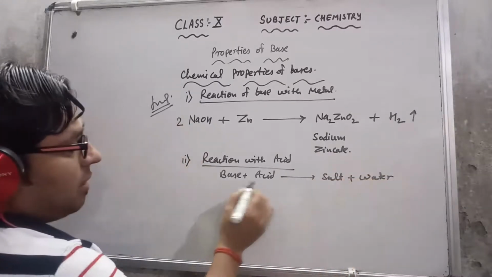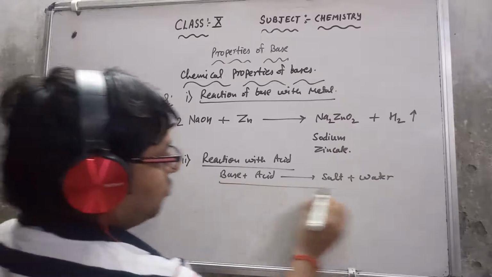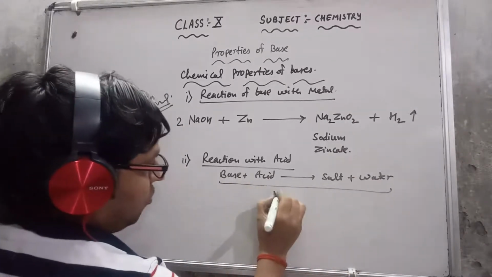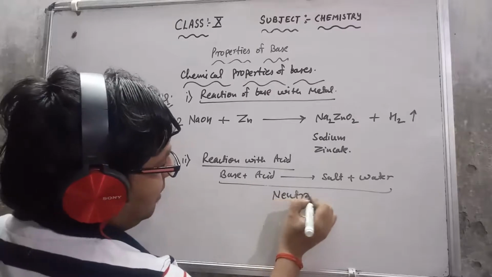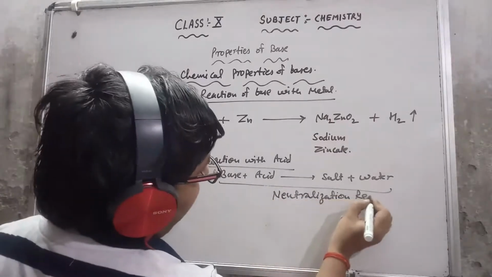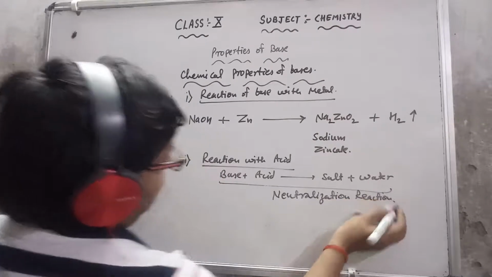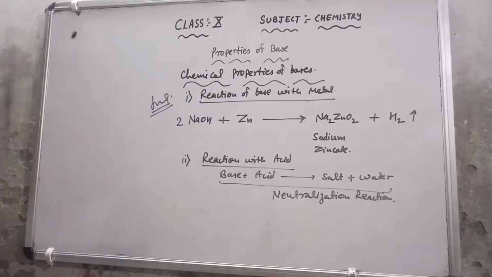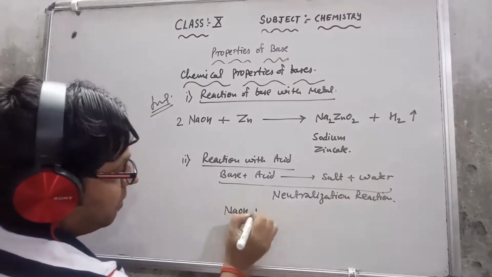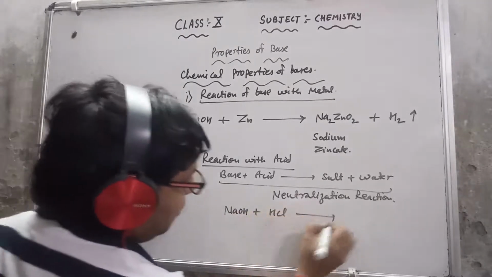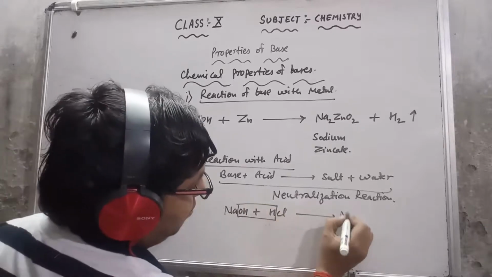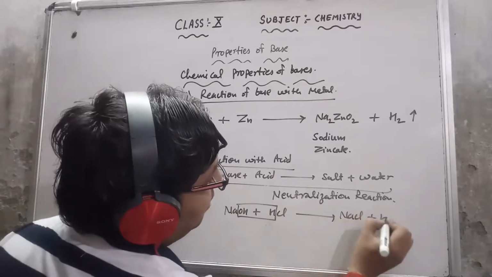Whether acid reacts with base or base reacts with acid, it gives salt plus water, which means this is also a neutralization reaction. I discussed the example in my previous video. Here the base is NaOH and the acid is HCl. OH and H give us H2O, and Na and Cl give us the salt NaCl plus H2O.